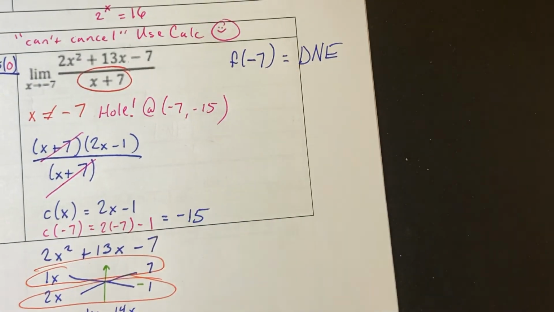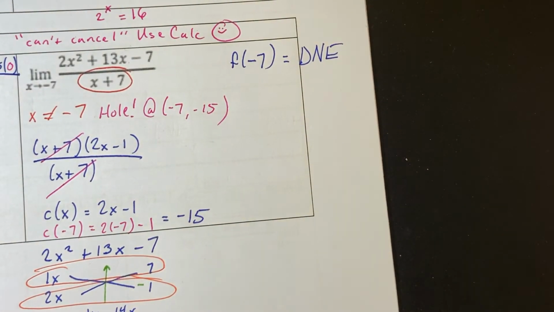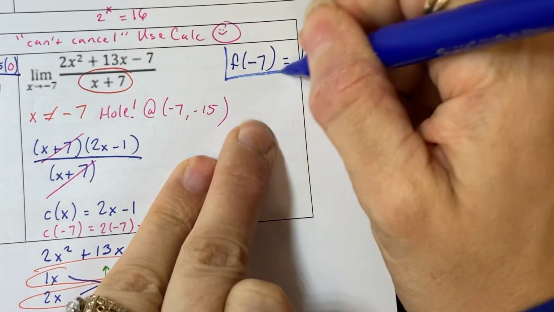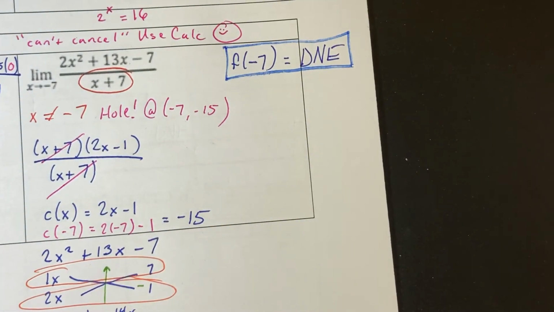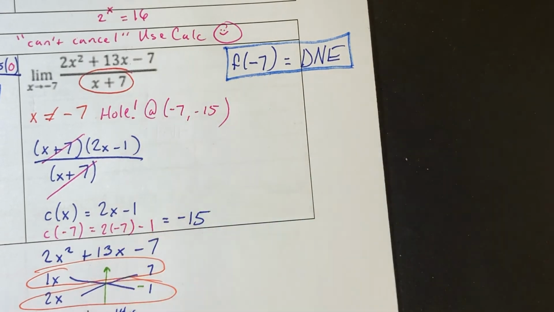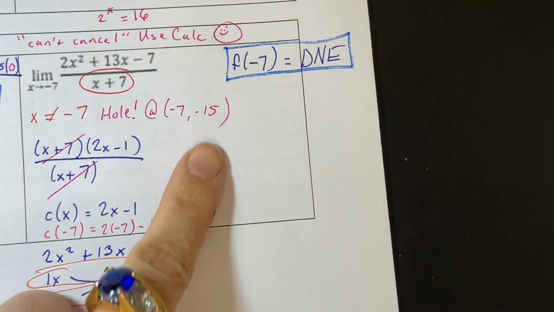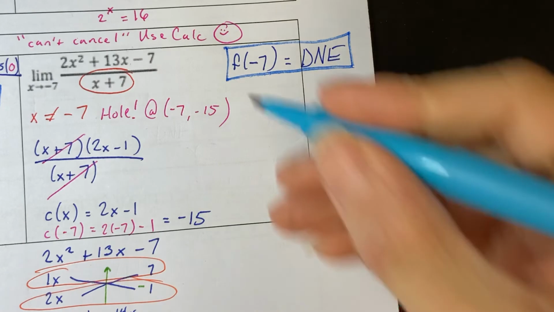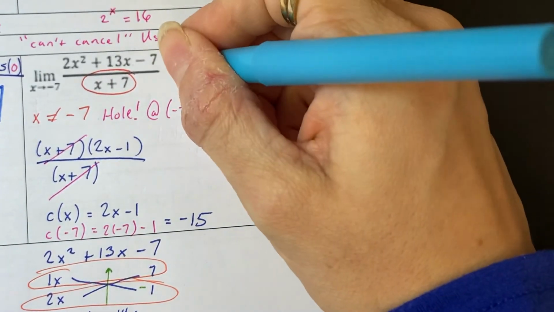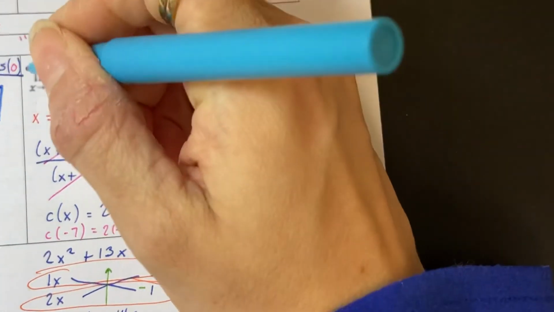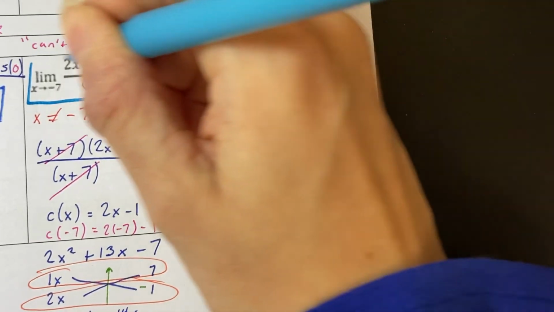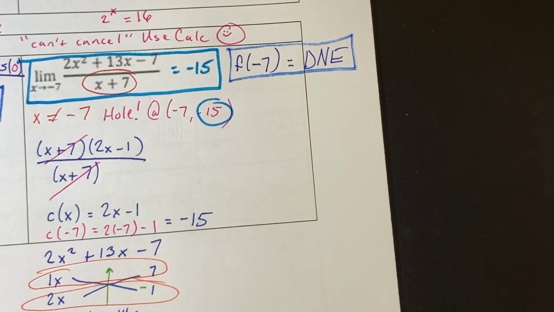There is that open dot hole. So f of -7 does not exist, but the limit of the function as we approach -7 from both directions is going to be equal to the y value of the hole. So -15. And that concludes page 3 of the notes.